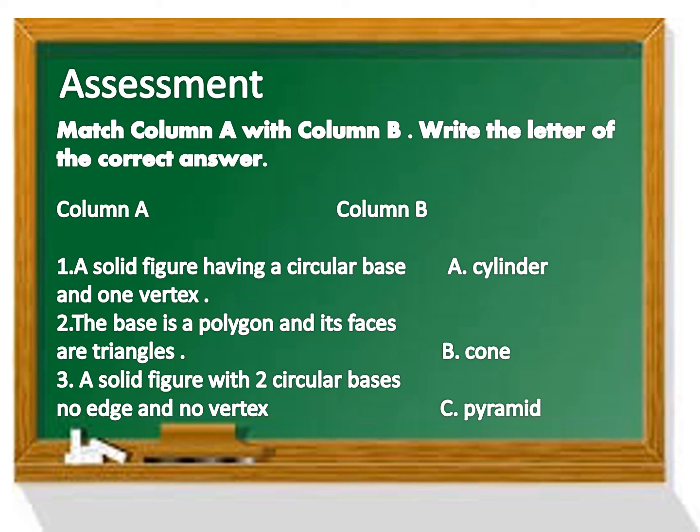The base is a polygon and its faces are triangles. Number 3. A solid figure with 2 circular bases, no edge and no vertex. Under column B, we have A cylinder, B cone, and C pyramid. Okay, please get a piece of paper and write your answer.